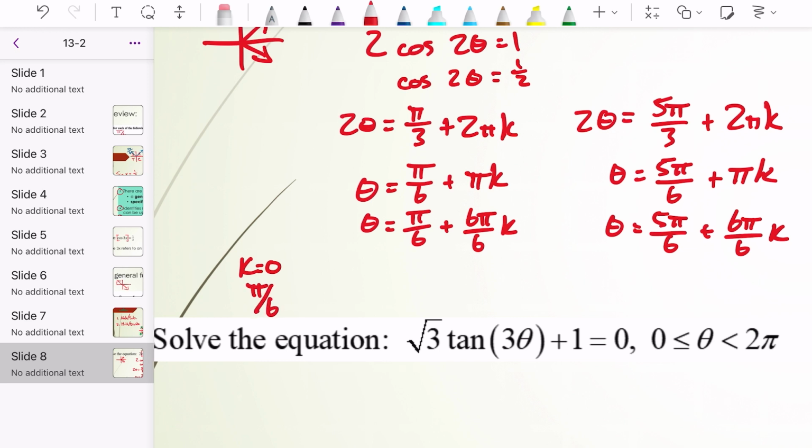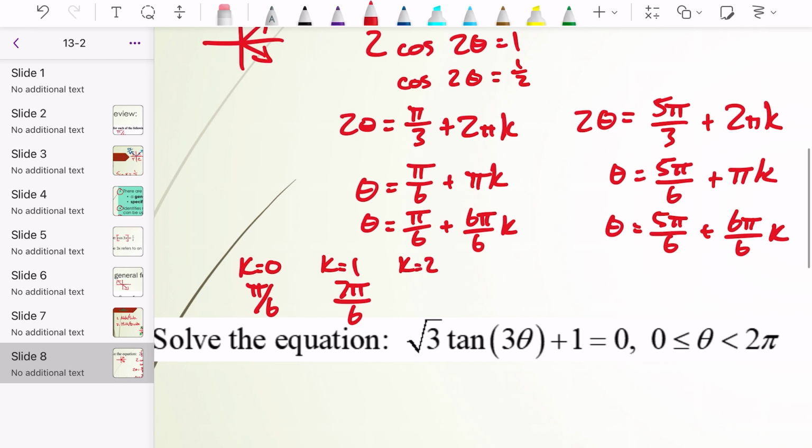That's extremely important to determine: does it fall between 0 and 2 pi, just like our question asked. We do the same thing for k equal to 1. 1 times 6 pi over 6 is 6 pi over 6, plus pi over 6 is 7 pi over 6. Notice, once again, it falls between 0 and 2 pi.